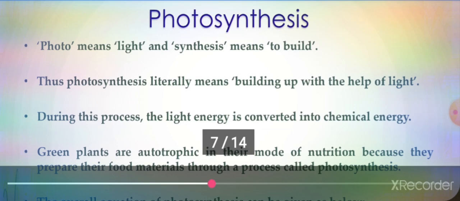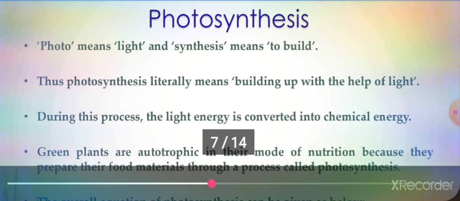So, in the presence of light, inside the chlorophyll, by using raw materials like carbon dioxide and water, the plant synthesizes food. Mainly, very important, it gets the sun's energy, that light energy. The sun's light energy is converted into chemical energy.